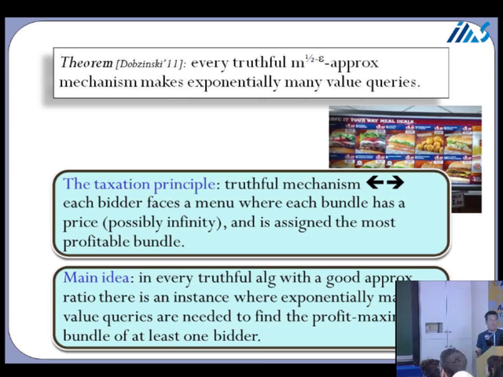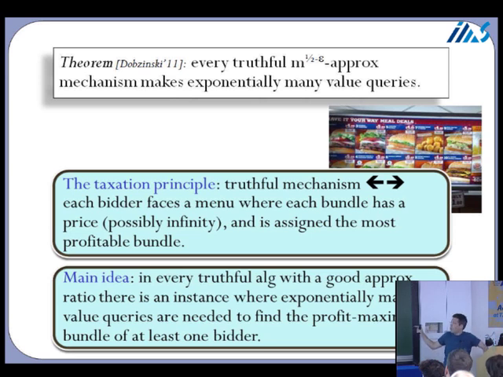The starting point of this approach is going to be the well-known taxation principle, that says that we can think of a truthful mechanism in the following way. Consider some bidder i and fix the valuations of all other bidders. Now, this bidder i is presented with a menu. The menu is basically just the list of all possible bundles, and for each possible bundle we put a price.